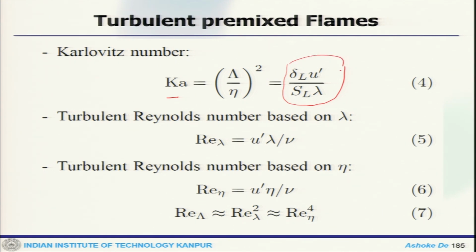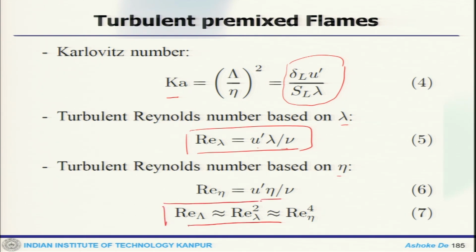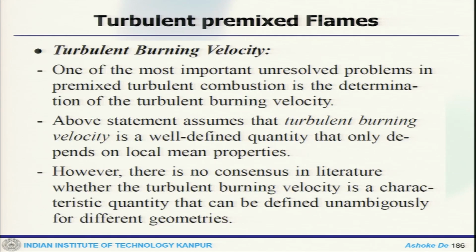The Reynolds number based on lambda would be u prime lambda by nu, and the turbulent Reynolds number based on eta would be u prime eta by nu. If you look at the ratio between Re lambda and the Reynolds number at the Taylor length scale, Re lambda squared would be Re eta to the power 4. This is an important correlation, and one can see how the scales change.